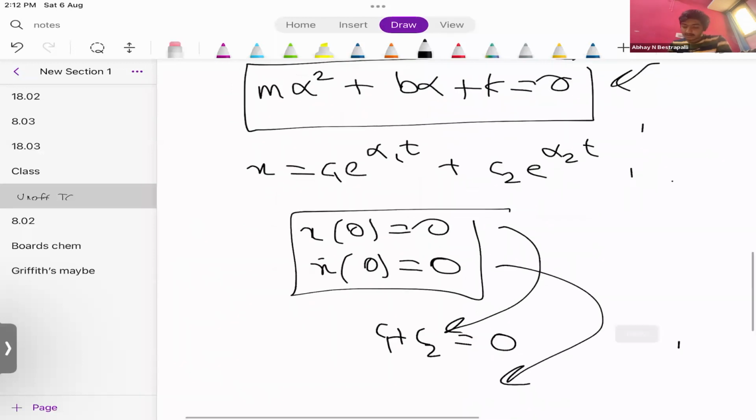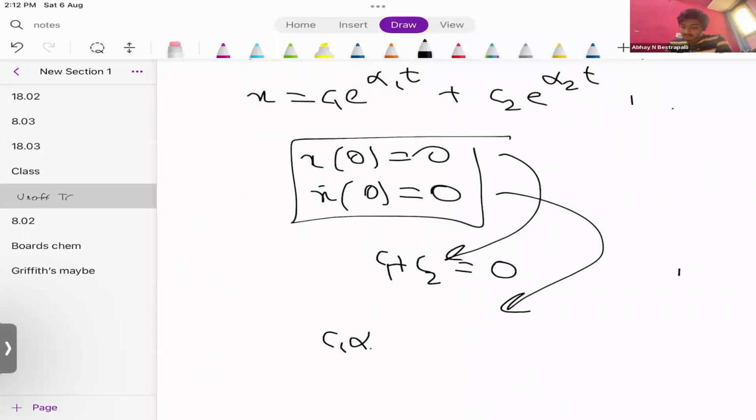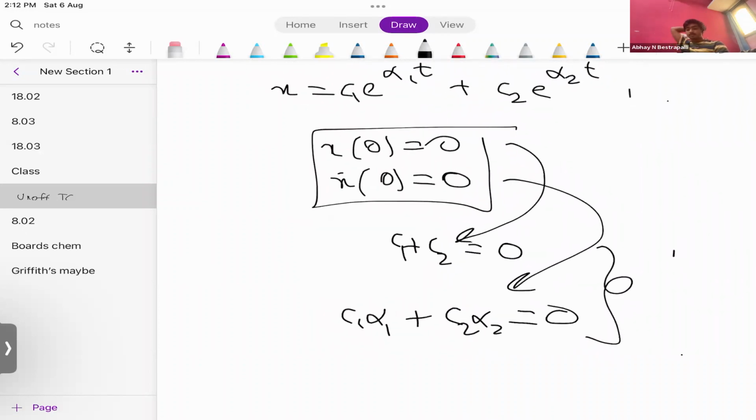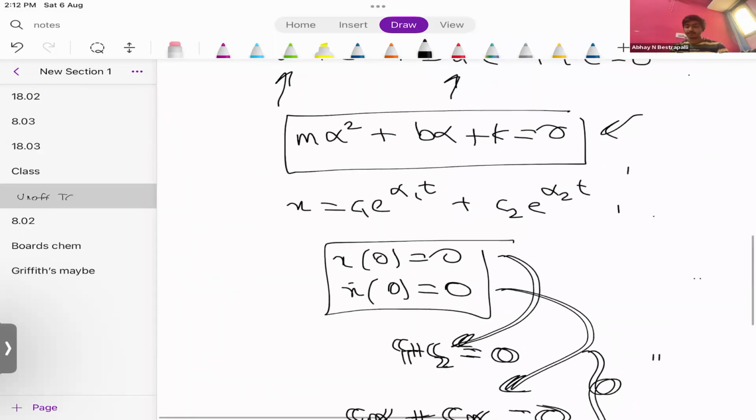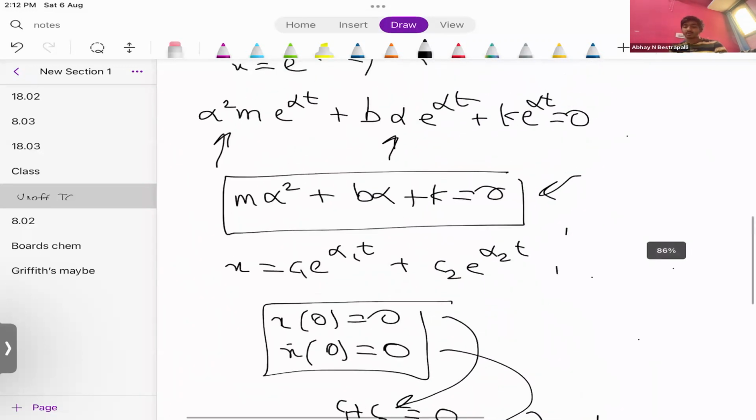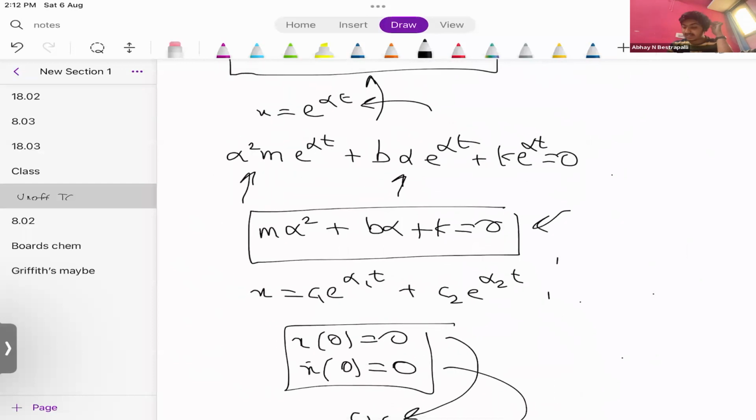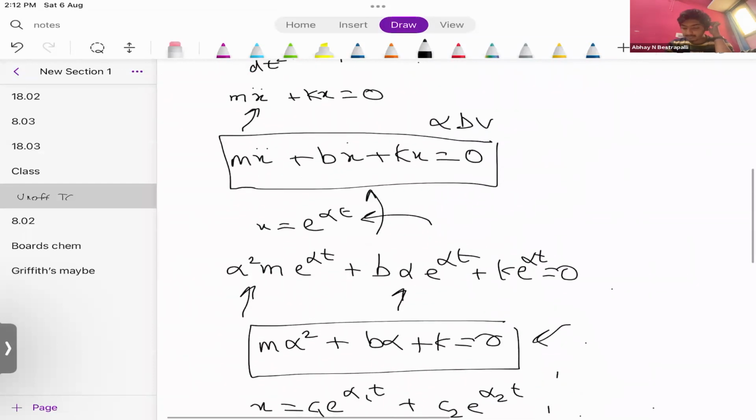And using this, we get C1 alpha 1 plus C2 alpha 2 is equal to 0. Using these two equations, you can solve for C1 and C2. There's a lot of stuff I'm not talking about, but this is sort of how you find the solution for this sort of equation.